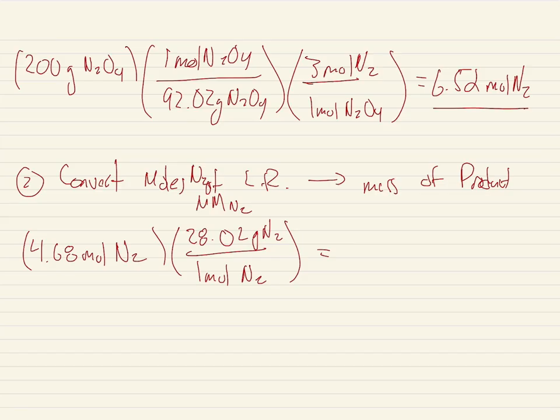So we do 4.68 times 28.02, and that gives us 131.1 grams of N2. That's how much nitrogen gas was produced in mass. That's the mass of nitrogen gas that's produced in this reaction.